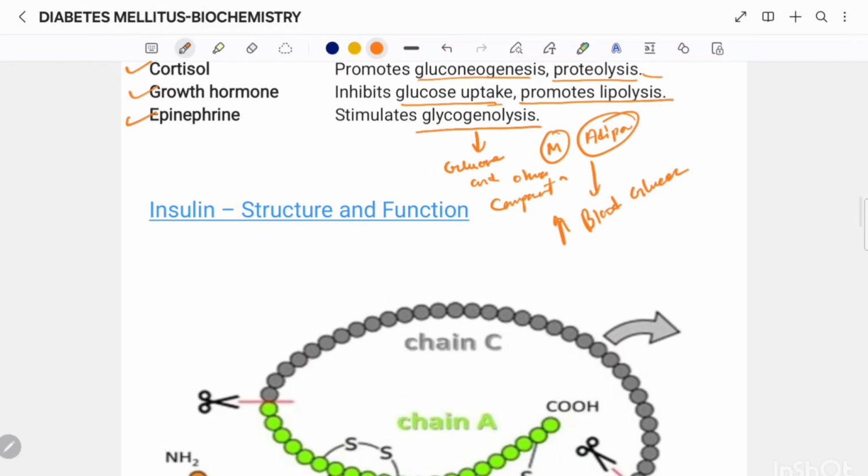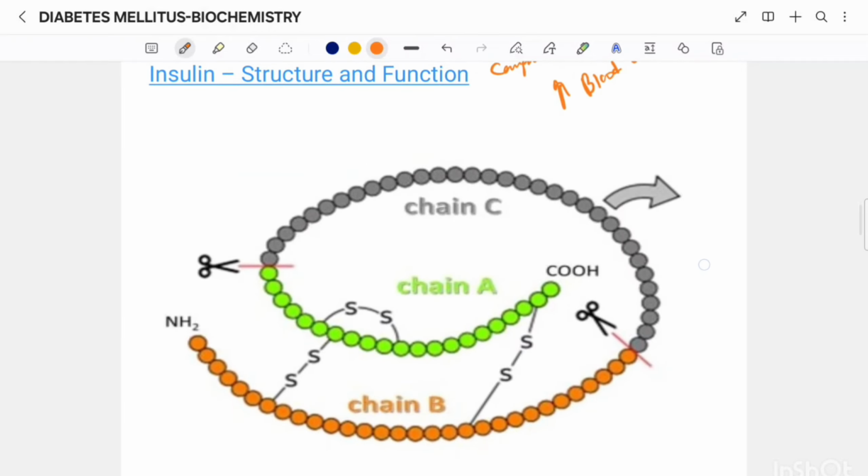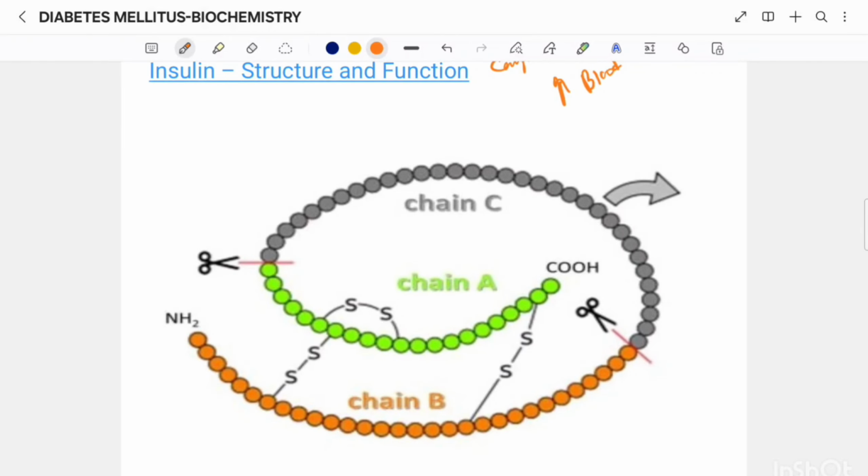Now let's have a brief idea about the structure of insulin. In the figure we can see that insulin has three parts: chain A, chain B and chain C, which are linked to each other by disulfide linkage. It is basically a diagram of proinsulin.